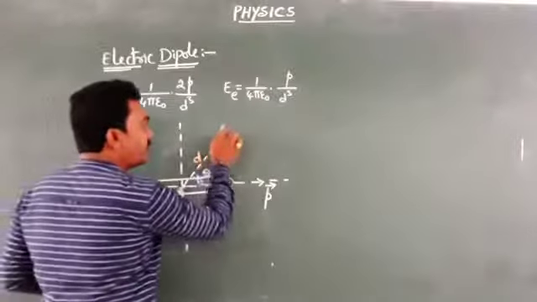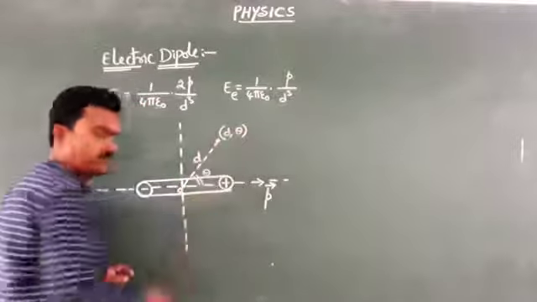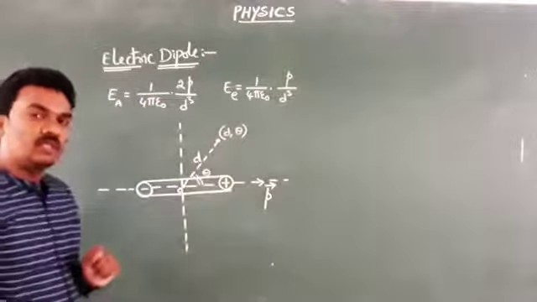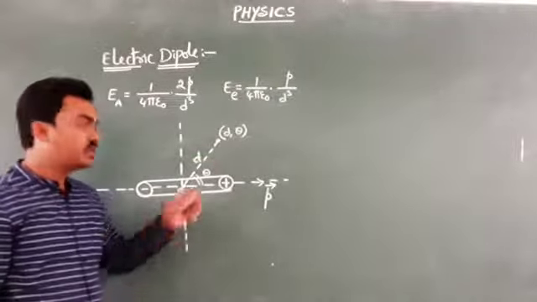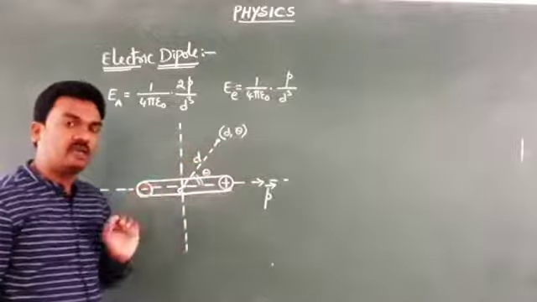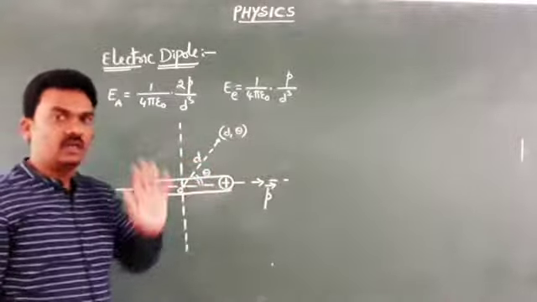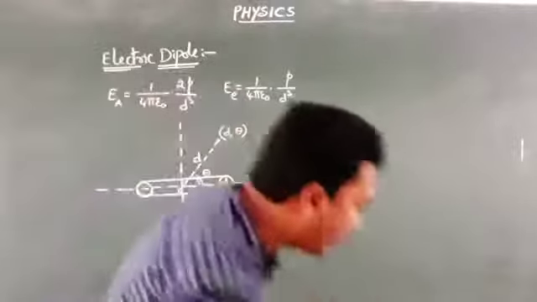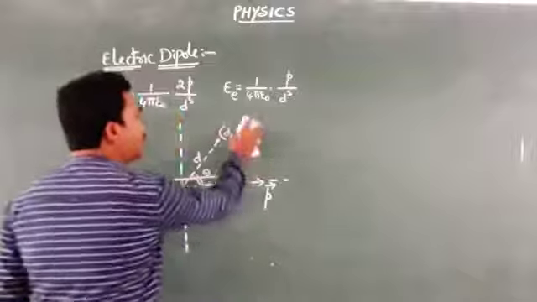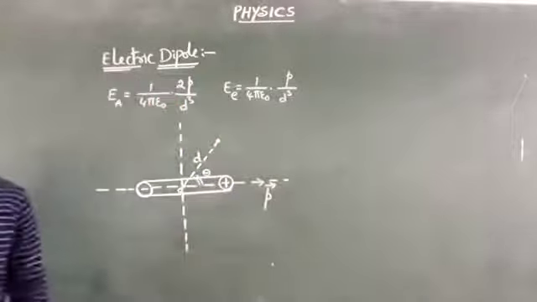Then the coordinates of this particular point can be written as d comma theta, which we call polar coordinates. The position of a point in the plane can be identified with a combination of distance and angle. Yes, now here I am going to calculate the electric field intensity at that particular point due to my electric dipole.